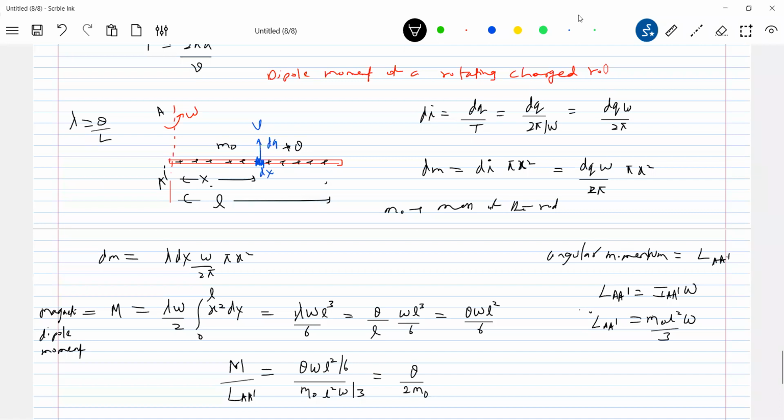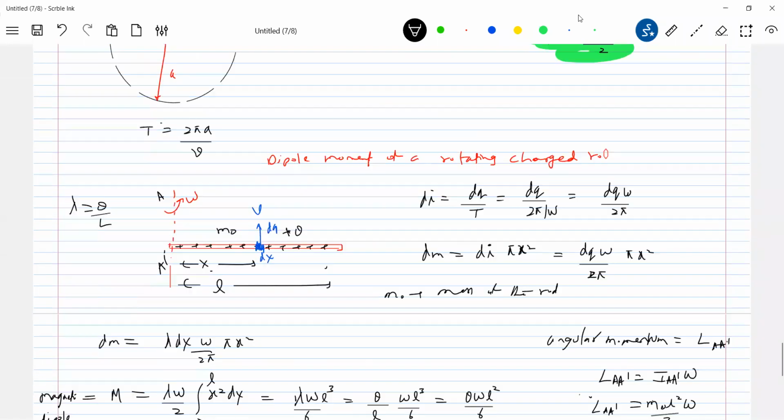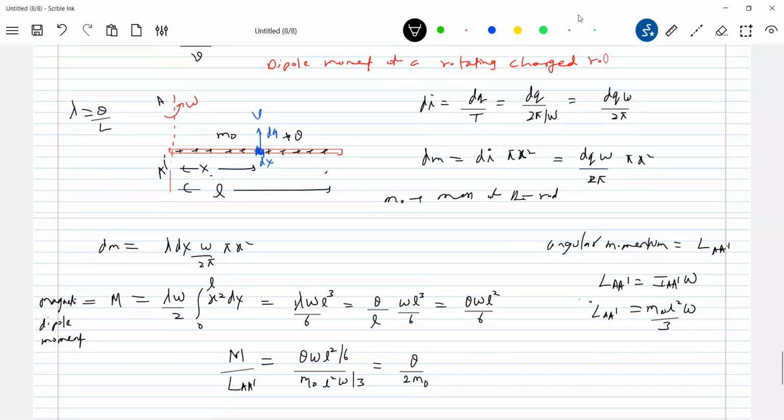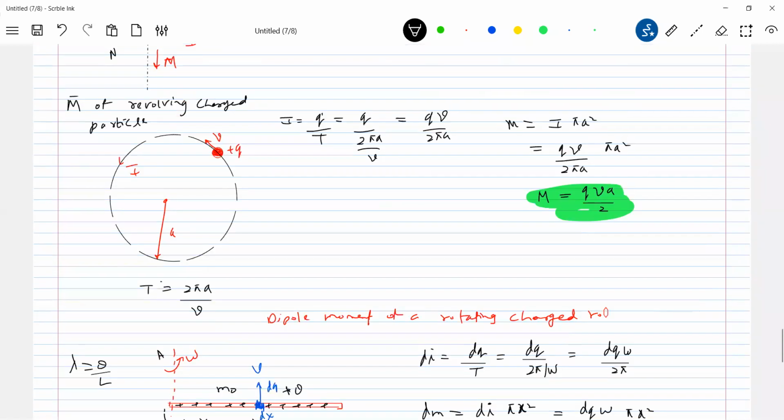Similarly for the charged particle also, let's go back. What is the ratio of dipole moment to angular momentum of this non-conducting charged rotating system? Charge divided by twice its mass. For the charged particle also, what is the angular momentum?